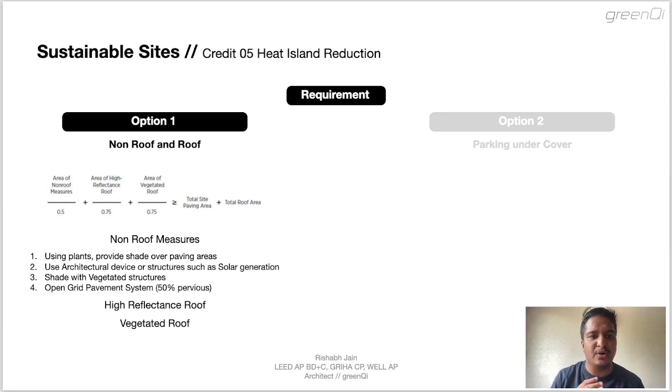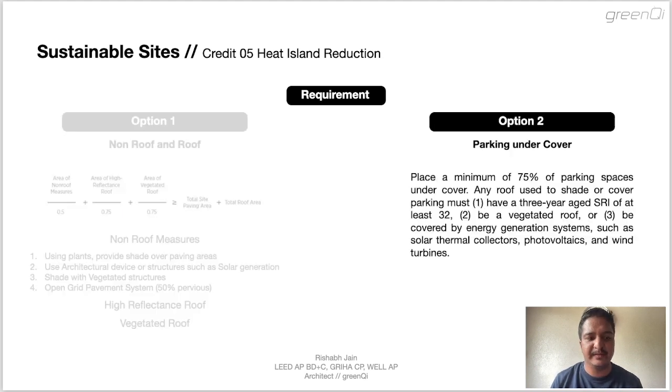Like we discussed, the non-roof measures are using plants, providing shade over paving areas, using architectural devices or structures such as solar power generation, shade with vegetated surfaces, and open grid pavement systems. The roof measures are using high reflectance material on the roof that reduces the heat gain, or even a vegetated roof.